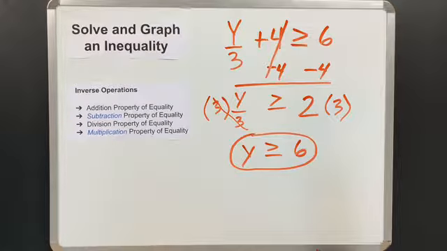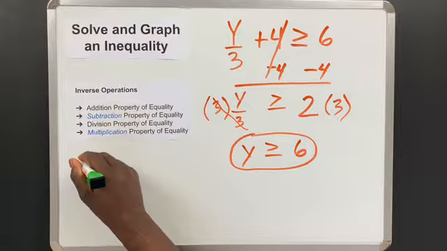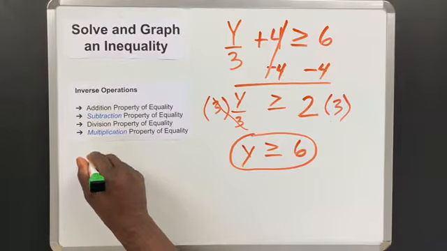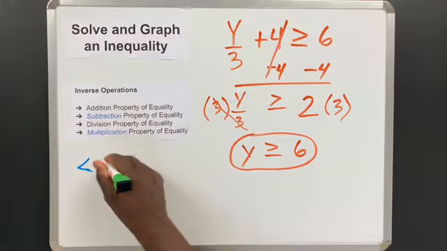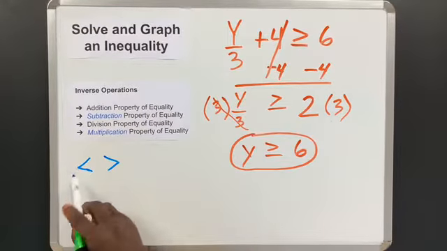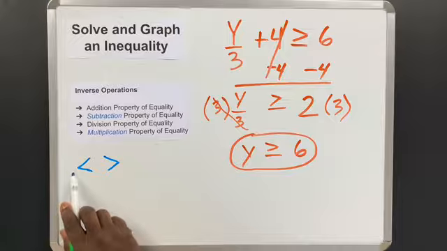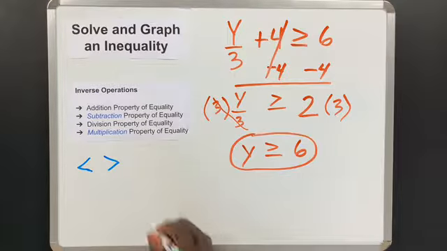Now let's prepare to graph the inequality. So let's go over some basics about graphing inequalities on a number line. Now, if you have a less than or a greater than, remember you read the inequality on the left side, so that's less than and that's greater than.